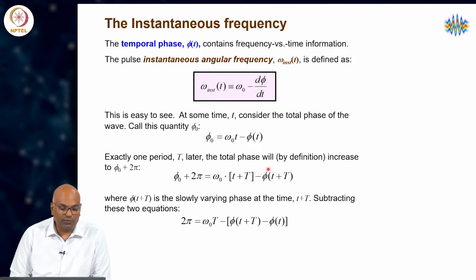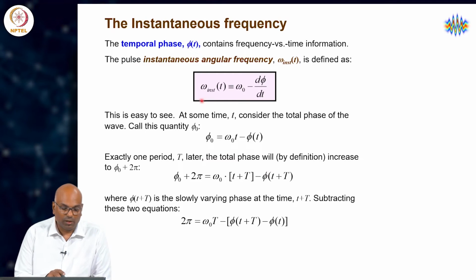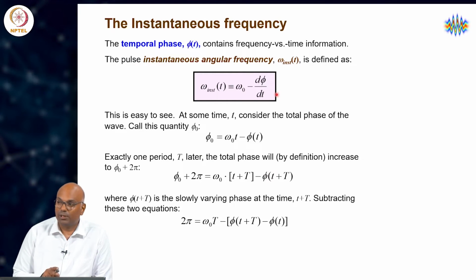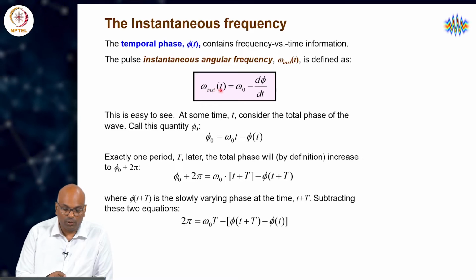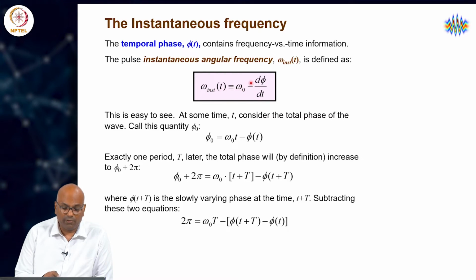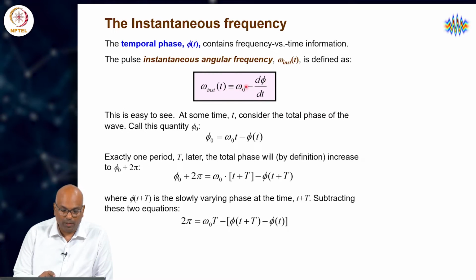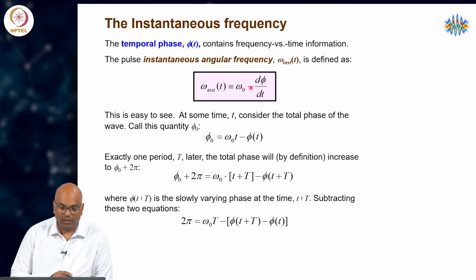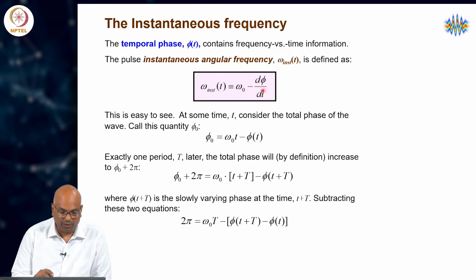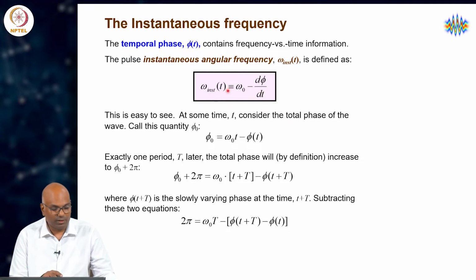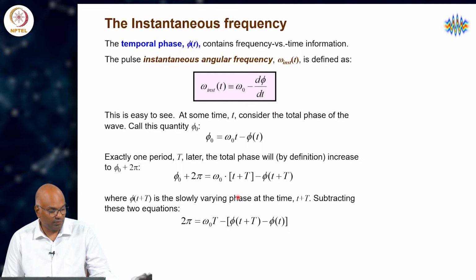So, the instantaneous frequency, which we have now become hopefully experts in, is a sum of two terms: one, the carrier frequency, which is the larger value among the two, and the second, which is the derivative of the phi of t term. So, omega instantaneous is omega naught minus d phi by dt.